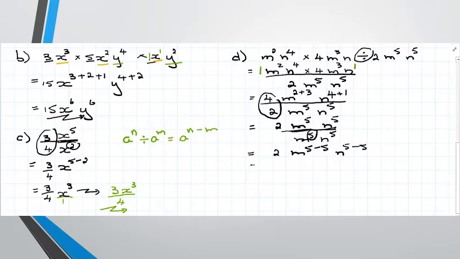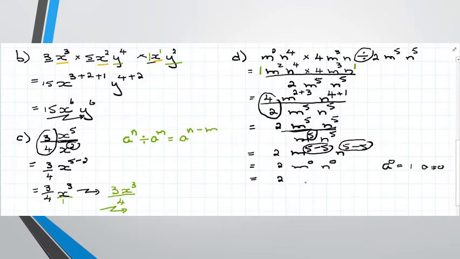Therefore, I'm going to have 2m, and 5 minus 5 is going to give me, to the exponent, 0. And also with the n, 5 minus 5 is going to give me 0. So therefore I'm going to have 2. Then there's one exponent rule that reads: a to the 0 is always equal to 1, but a is not allowed to be 0.